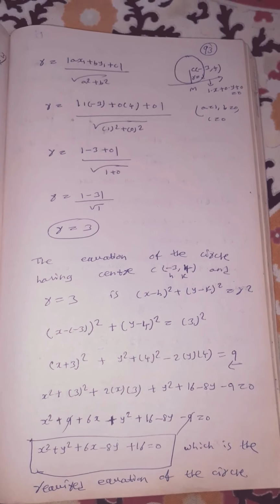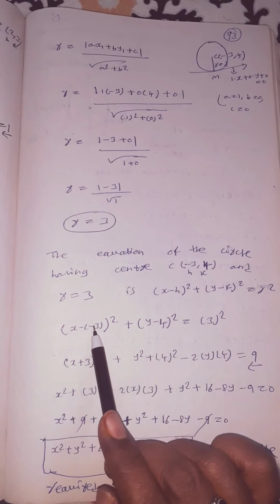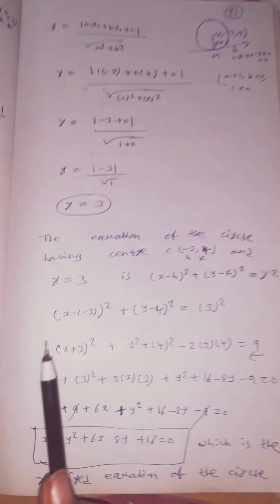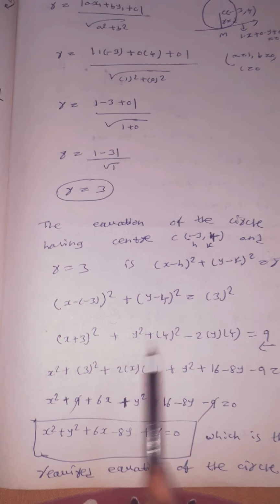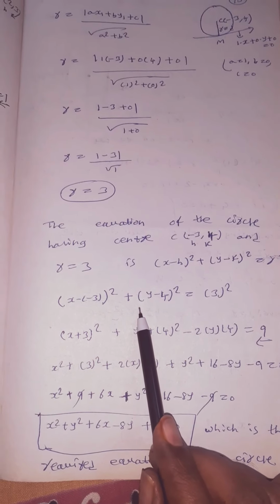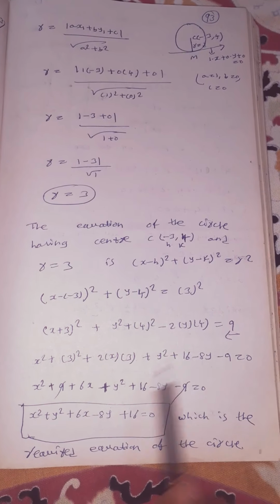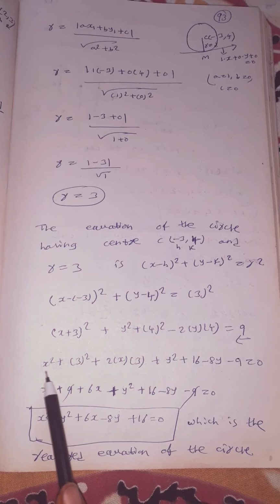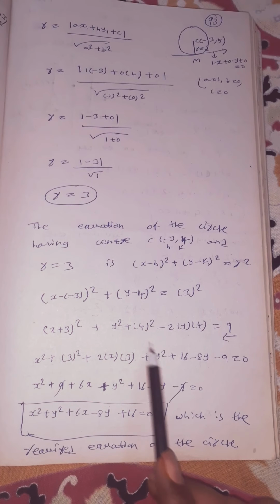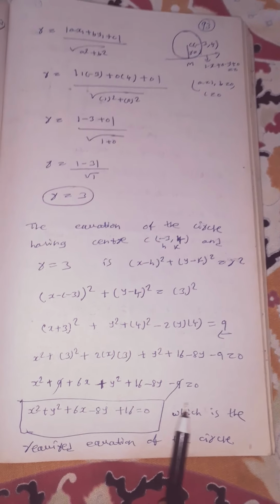Therefore the equation of the circle having center C(−3, 4) and radius 3 is (x − h)² + (y − k)² = r². So here h value −3, k value 4 and r value 3. So this becomes minus into minus is plus, children. Here (a + b)² = a² + b² + 2ab, a value x, b value 3, plus (y − 4)²: a value y, b value 4, y² + 4² is 16 minus 2·4 is 8y. 3 square means 9, send this 9 to this side, minus 9.